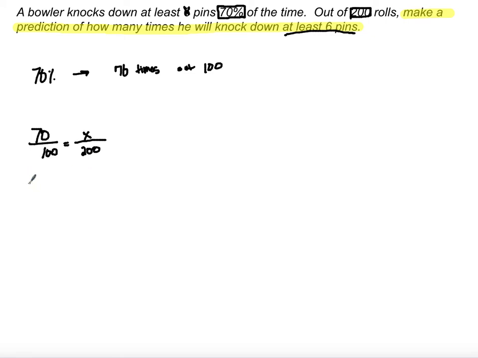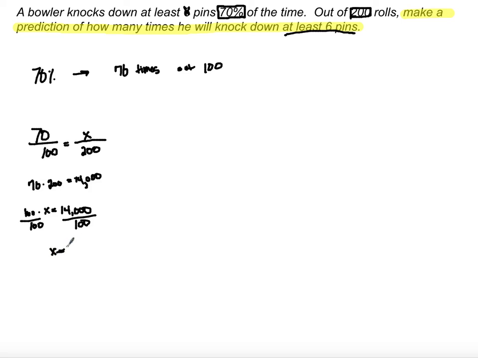We can use our cross multiplication and know that 70 times 200 is equal to 7 times 2 is 14. Add your 3 zeros, so 14,000. And then we know that 100 times x has to equal 14,000. Divide both sides by 100.